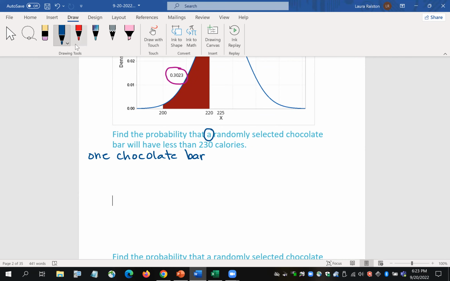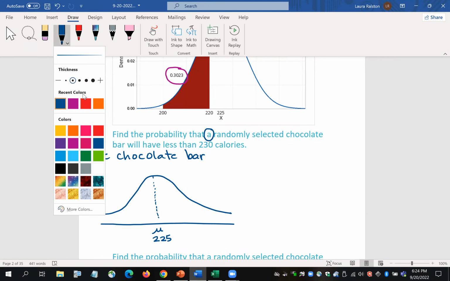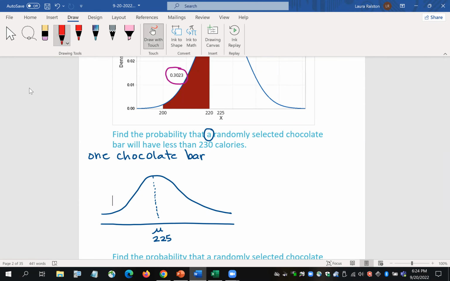So I know that it's normal, so I'm going to draw my distribution. I have my horizontal number line, my normal bell-shaped distribution. The mean is the measure of center, which is given as 225. And we want to be less than 230.